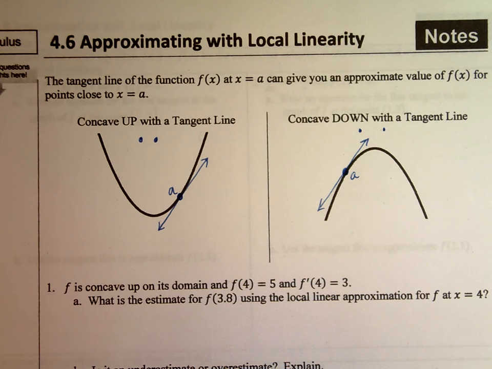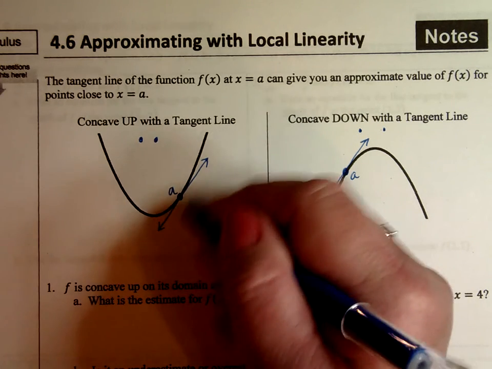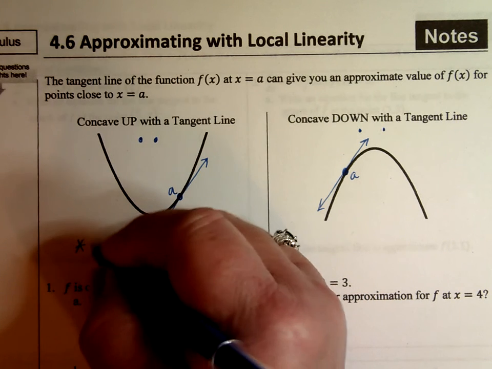Now, something that comes up with these is whether your estimation is an over approximation. Is it bigger than it actually is? Or is it an under approximation? Is it smaller than it actually is? And so for this, any time that you're concave up, it's considered to be an underestimate.